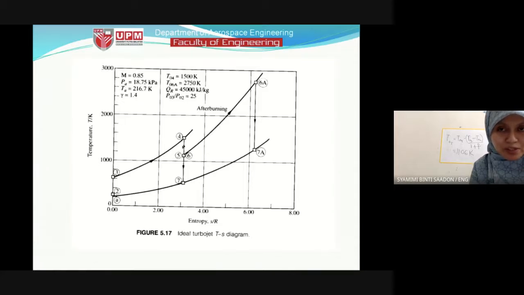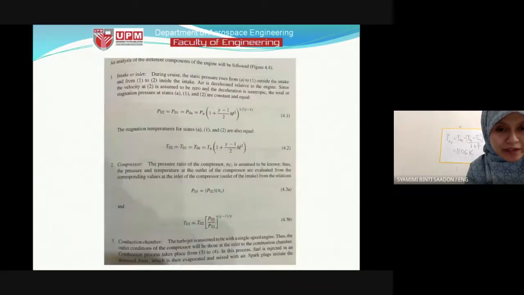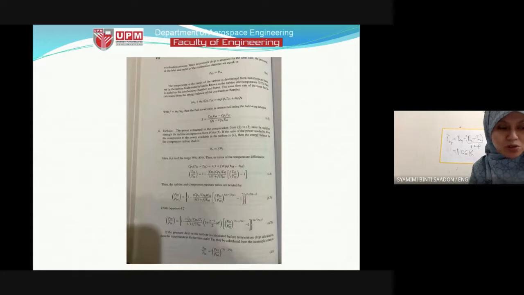No afterburner, so T total 5 equals T total 6. So this is equal to T total 6.